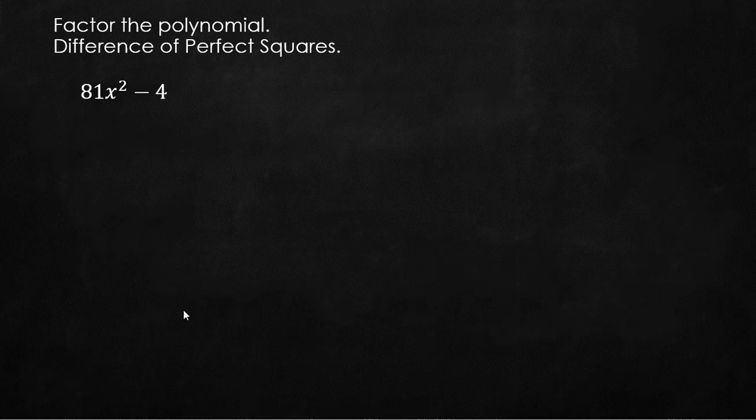All right, for this example, we are asked to factor a difference of perfect squares. First thing we look for is a GCF. There's not a GCF between 81 and 4. 81 is a perfect square. 81x squared actually is what we're looking at here. It is a perfect square. So if we took the square root of 81x squared, we get 9x.